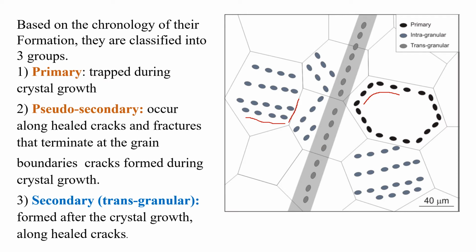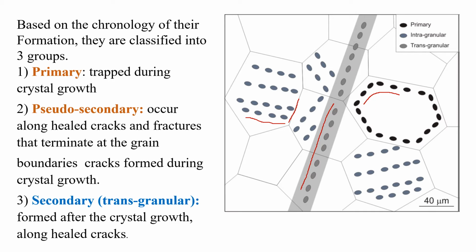And the last one, the secondary fluid inclusions, are formed after the growth of the crystals. As you can see, these are the secondary fluid inclusions. These are formed along some of the cracks that were created after the growth of the crystals.